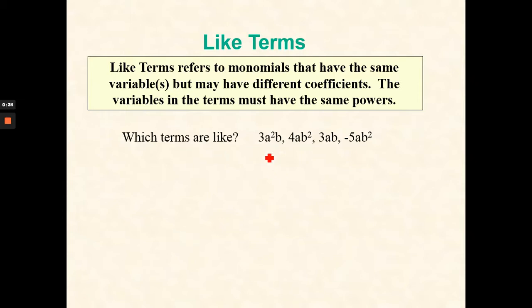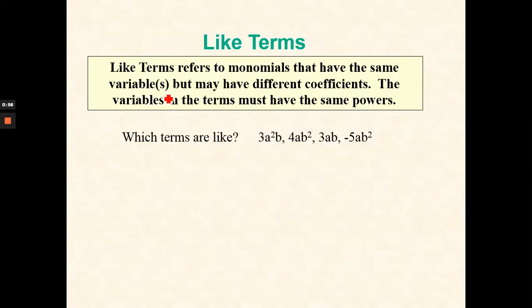So which are like terms here? Try to observe. We have 3a squared b, 4ab squared, 3ab, and negative 5ab squared. They have the same variables a and b.